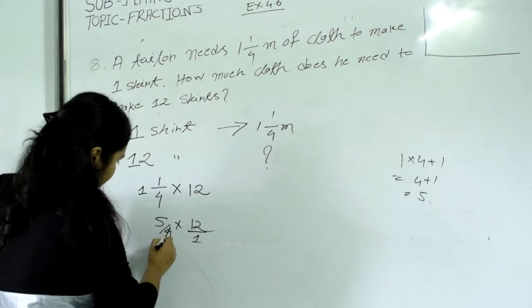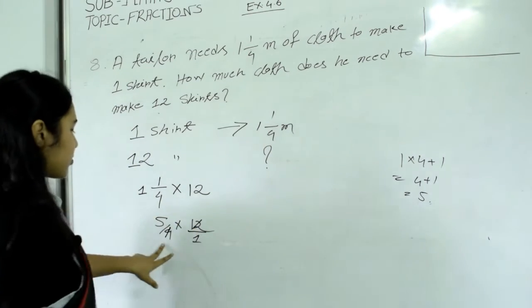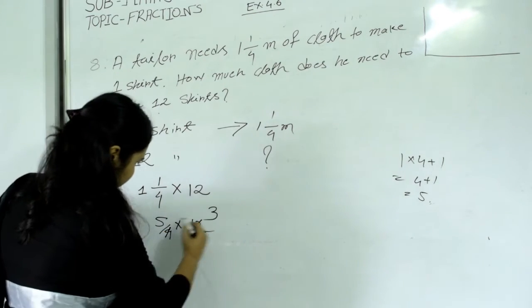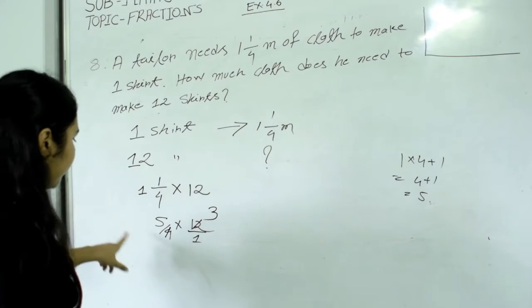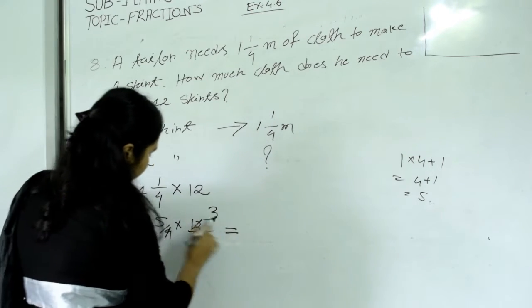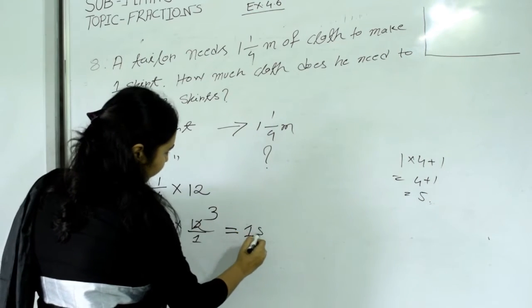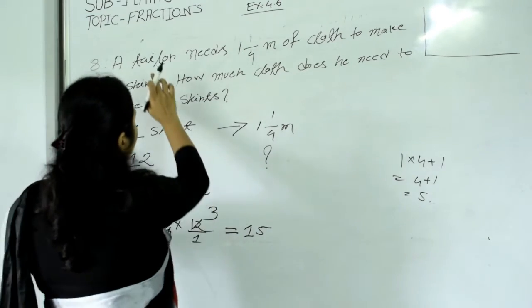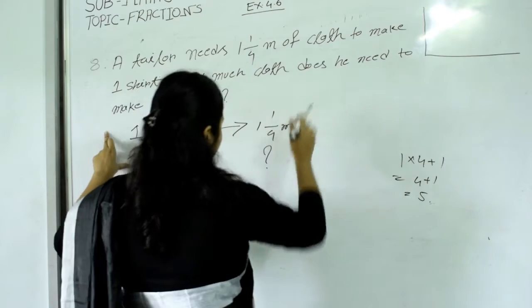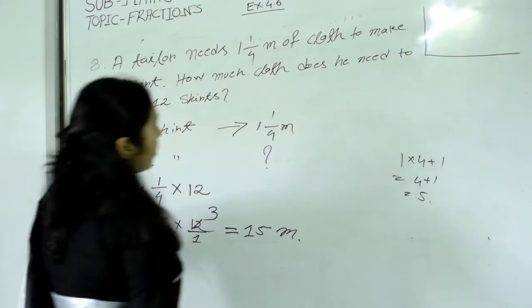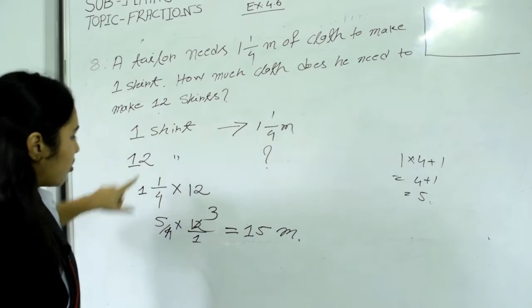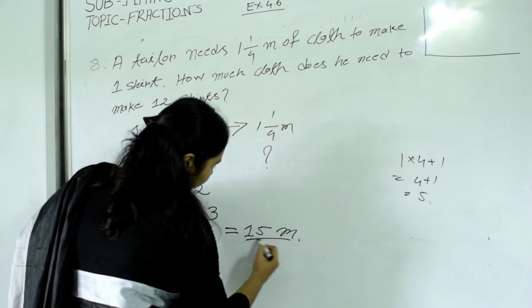Now reduce this fraction, divide 12 by 4, 3 4s are 12 and 3 5s are 15, right? Which means the tailor needs 15 meter of cloth to make 12 shirts. Okay, so this is our answer.